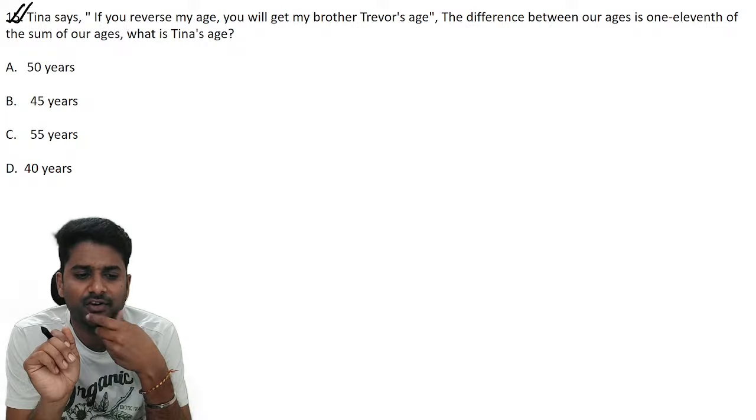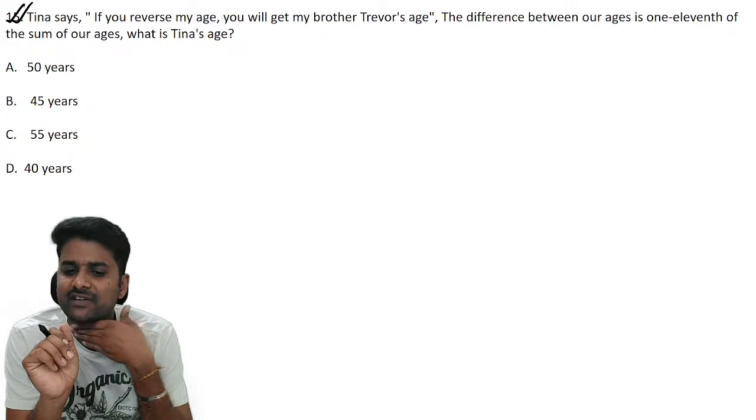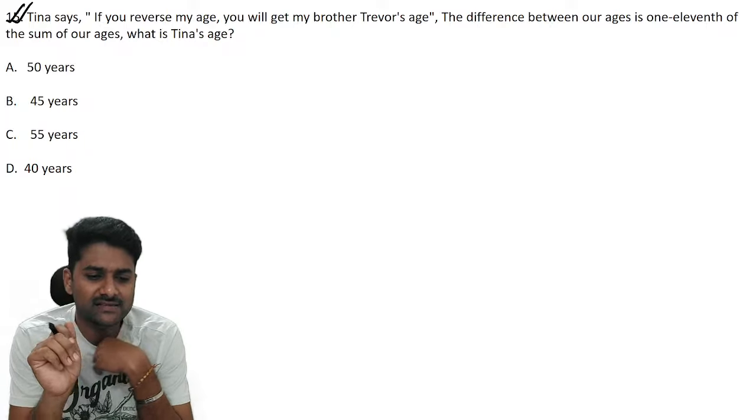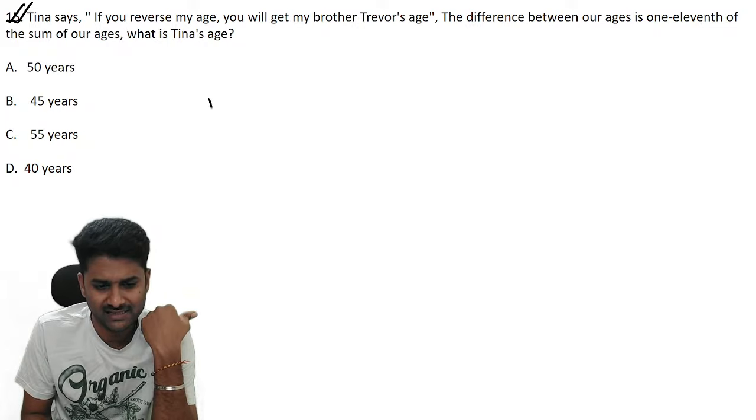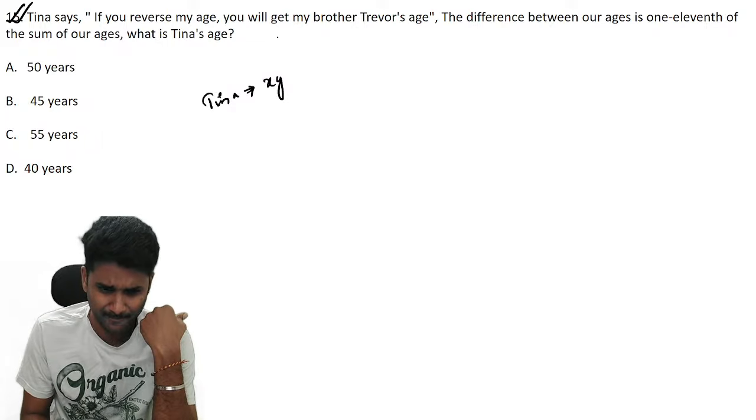Tina says, if you reverse my age, you will get my brother Trevor's age. The difference of our ages is 1/11th of the sum of our ages. What is Tina's age? Let us take that Tina's age is XY.